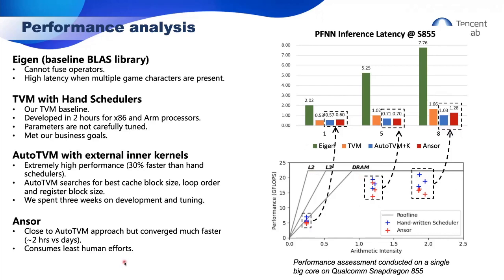And with Ansor, consider the fact that it is an end-to-end approach, and it converges quite fast, only 2 hours, and it consumes few human efforts. I only define the tensor expressions and nothing else.